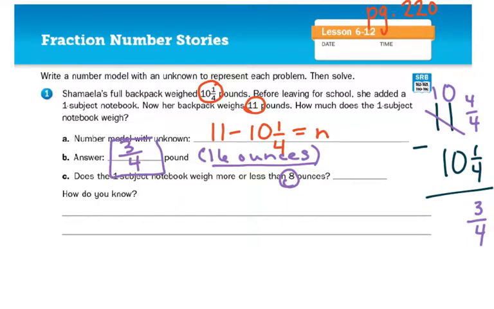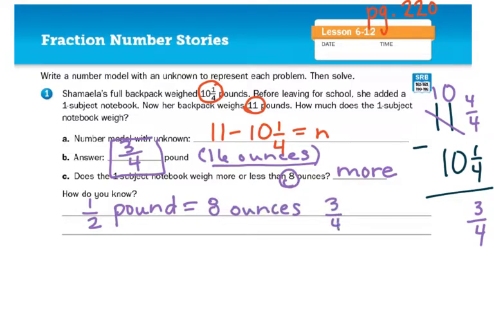Half of a pound would be 8 ounces, so it would weigh more. And the reason I know is that I know that a half of a pound equals 8 ounces, and 3/4 is more than a half. So therefore it has to be more than 8 ounces.